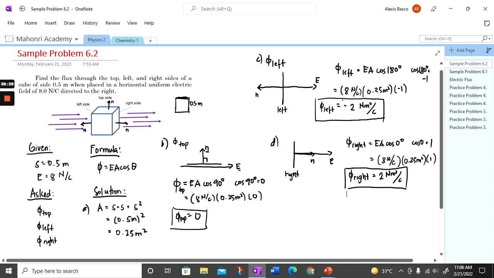That's why my N is going towards the top, my N is going towards the left for the left side, and my N is going towards the right for the right side. So if I measure the electric flux on the bottom side, my N should be going downwards, right? I hope it's clear.